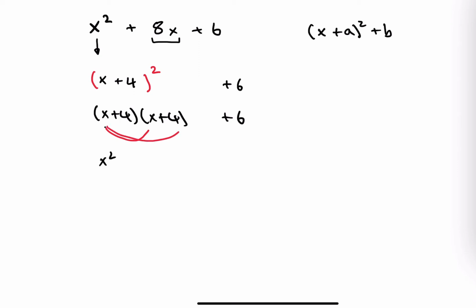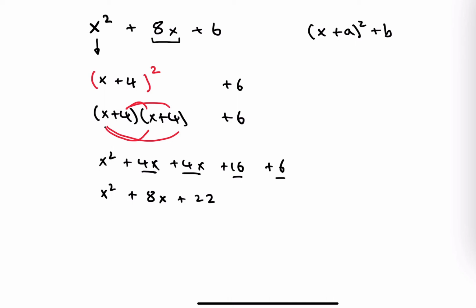We do x times 4, which is plus 4x. Another 4x from here, so plus 4x. Then 4 times 4, which is plus 16. And then the extra plus 6. What we end up with is x squared plus 4x plus 4x is 8x, plus 16 plus 6, which is plus 22.